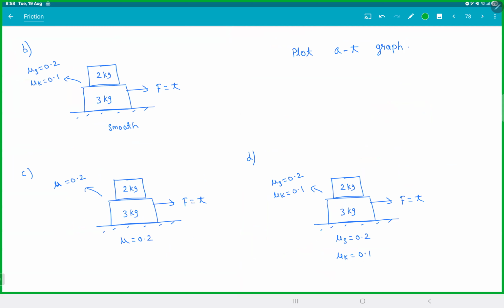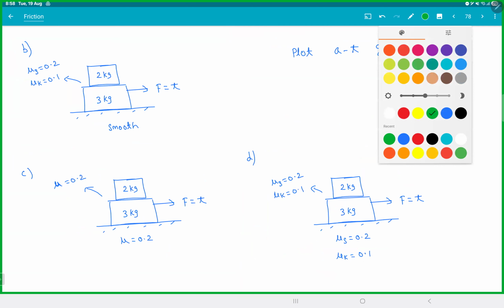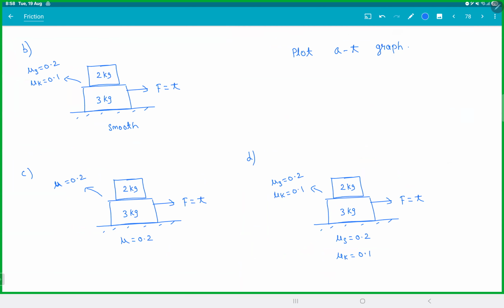Let's get C and D. Out of all, D is the worst one. How will you handle C? Try. You got a minute or two.